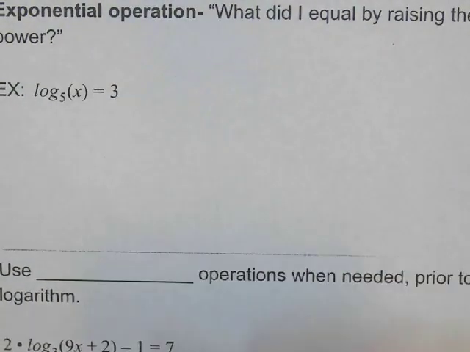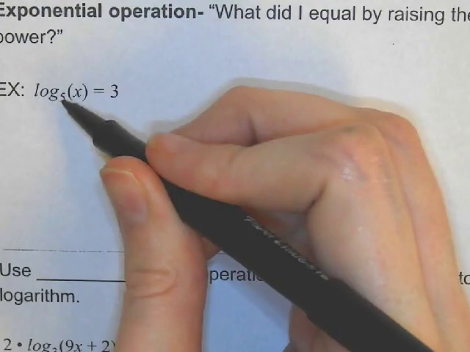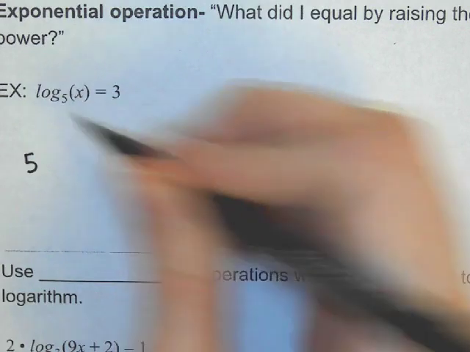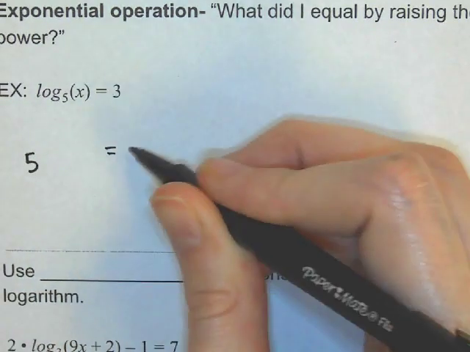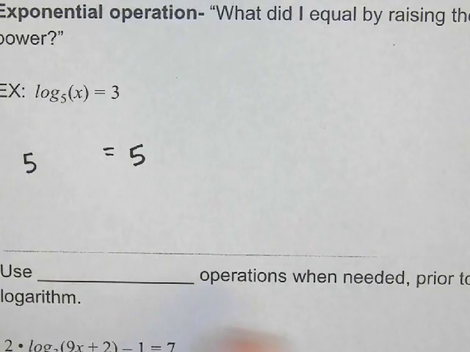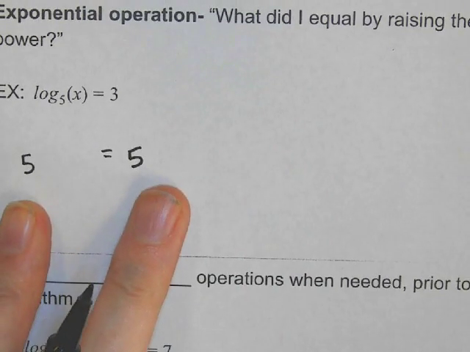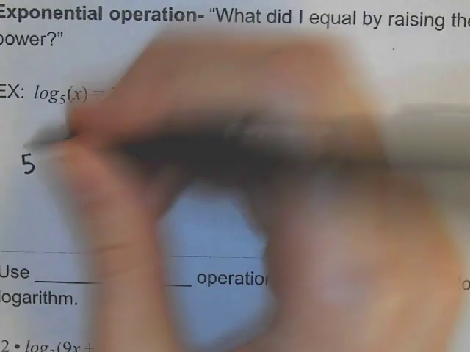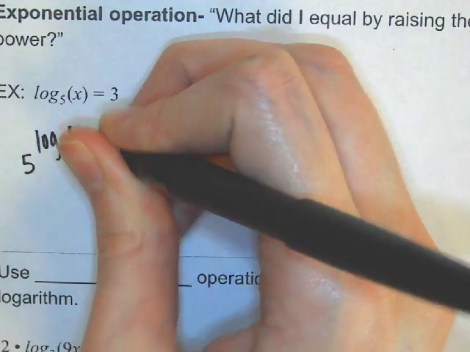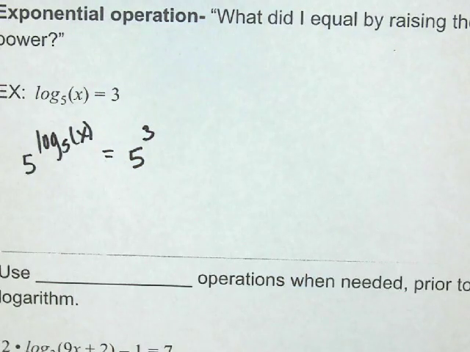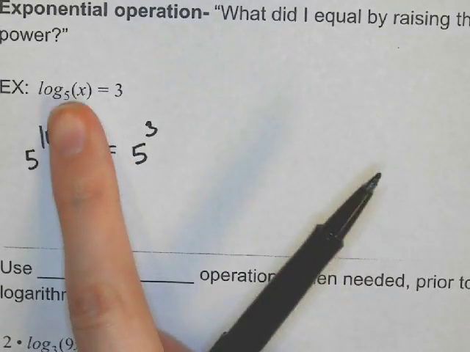So we know that the base is going to be a 5, and we want to write this as an exponent. It looks a little weird. So what I'm going to do is I'm going to say, okay, well, the base is 5, right? That means I want to put all of the left side and all of the right side as the new exponent. So on both sides, we're going to keep the base of 5, but we're going to raise these as the exponents. Log base 5 of x and 5 cubed. Notice, I used whatever the base of the log was.